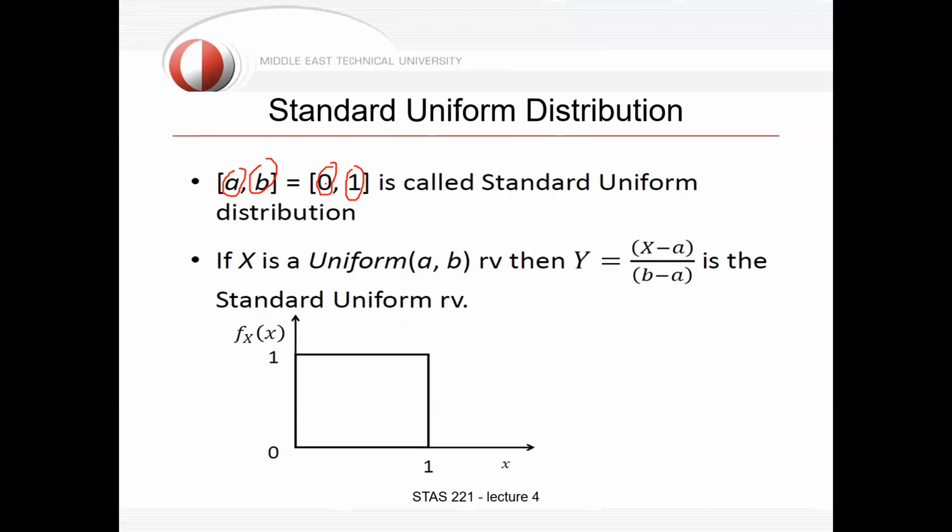But if it's only about 0 and 1, we call it the standard uniform distribution. And you will hear a lot about the standard normal distribution, and I will tell you why we need such a standard format. Otherwise, we would need to provide you an infinite number of tables, which is not possible, and I will talk about it in detail when I introduce the normal distribution.